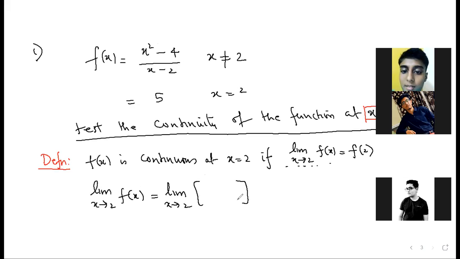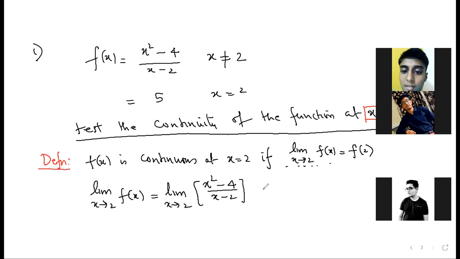Should I write 5 here, or x square minus 4 upon x minus 2? x square minus 4 upon x minus 2. Why? Because x is tending to 2, approaching 2. It has not yet reached 2. So we will put x square minus 4 upon x minus 2.